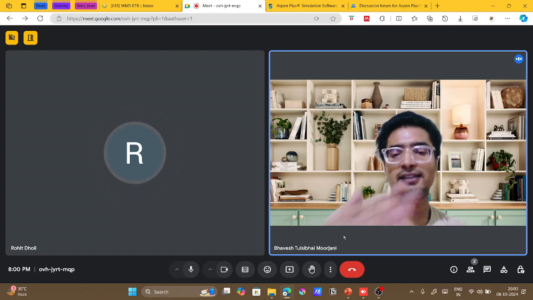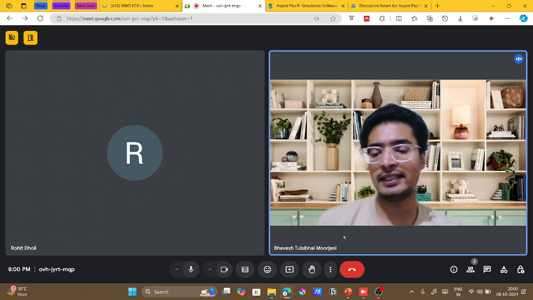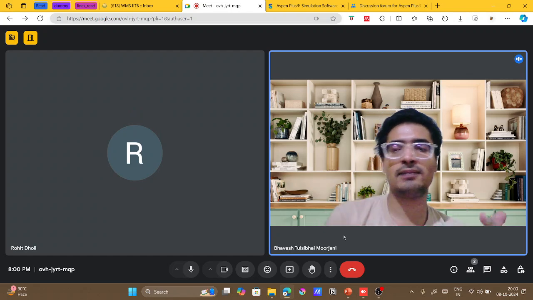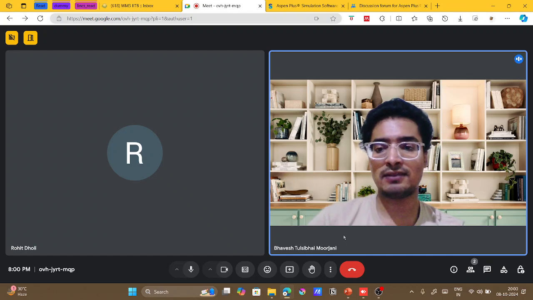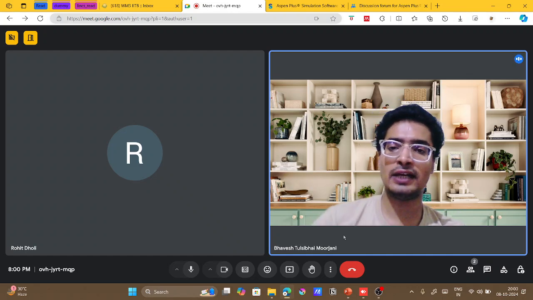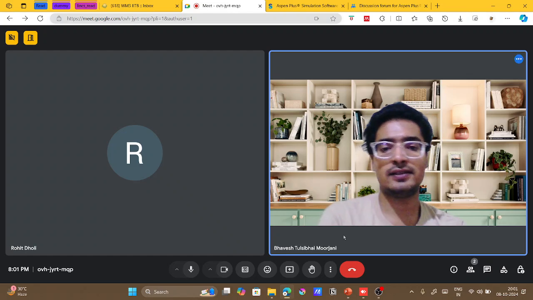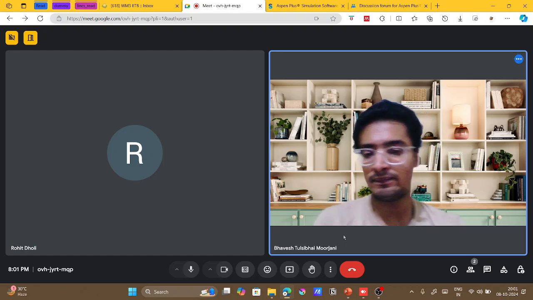The second, part B, is related to doing a simulation in Aspen Plus and then answering. Since this exam will happen at multiple centers, Aspen Plus won't be available. So all the questions will be like part A, where you have some information or screenshots provided, and from there you have to answer different questions.